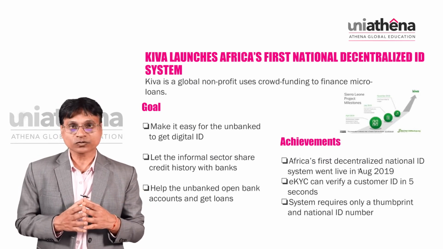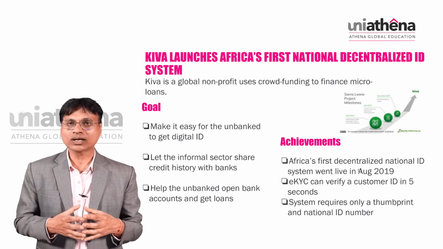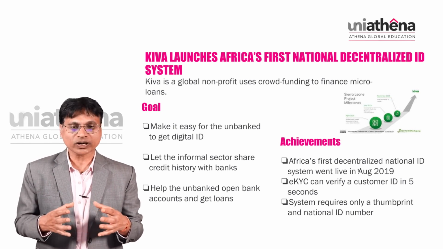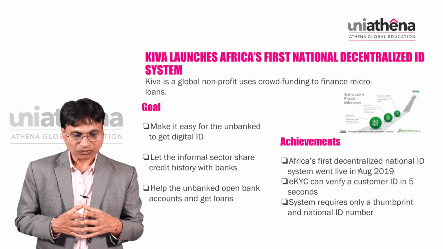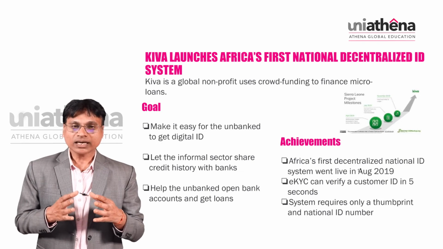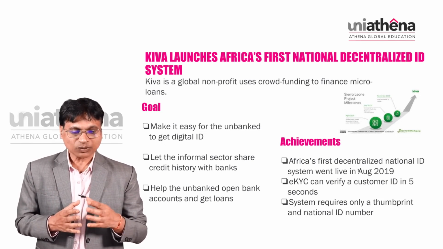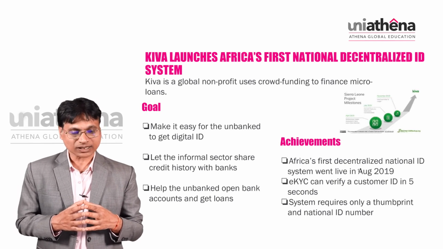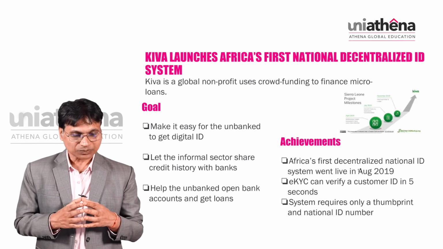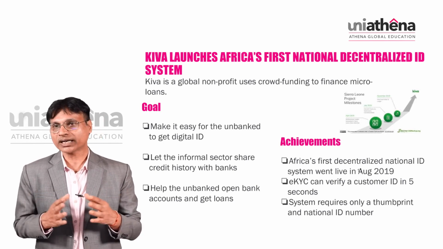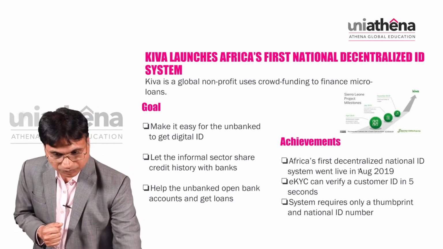They don't have access to the financial system, and they are not able to get loans or facilities provided by the national financial banking system. So they implemented blockchain, and they are able to eKYC their customers in less than 5 seconds, which is almost real time, just by using a thumbprint and national ID number.